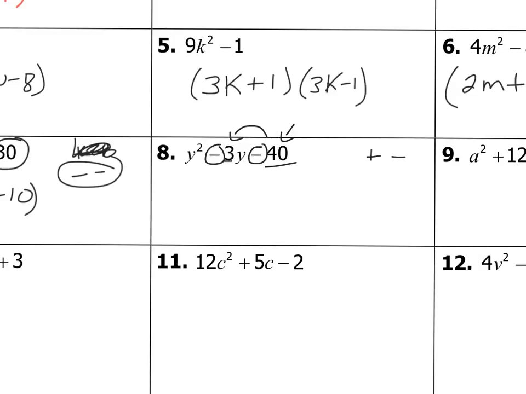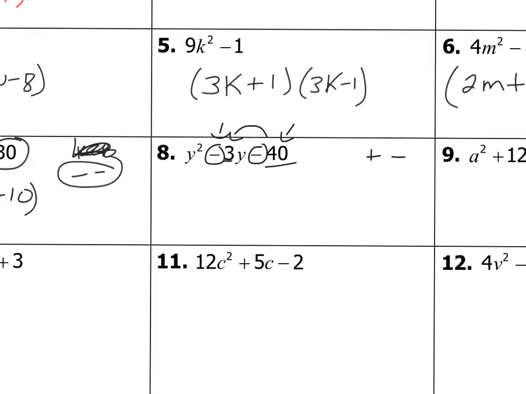Okay, so think of some factors of 40. So 4 and 10 won't work, right? Because that would leave you with 6. But what about 8 and 5? Would 8 and 5 work? 8 times 5 is 40, right? And 8 minus 5 is 3. But here's the thing. We want it to be negative 3, so we'd probably want the 8 to be negative.